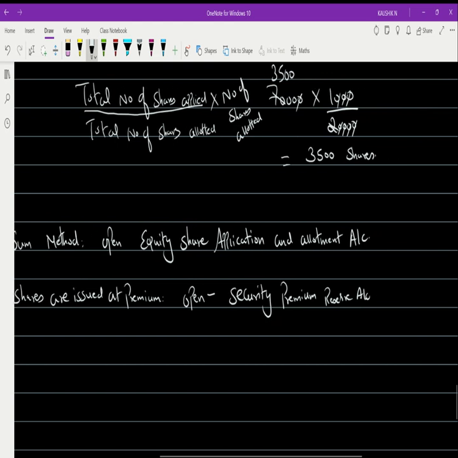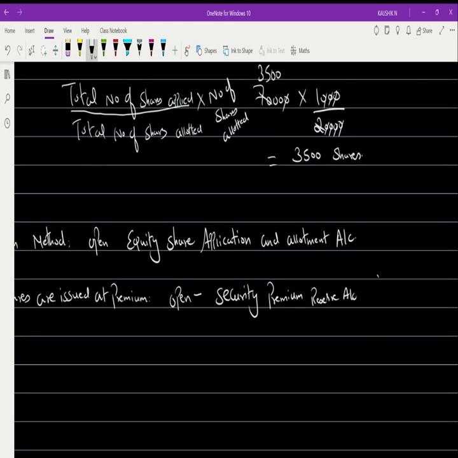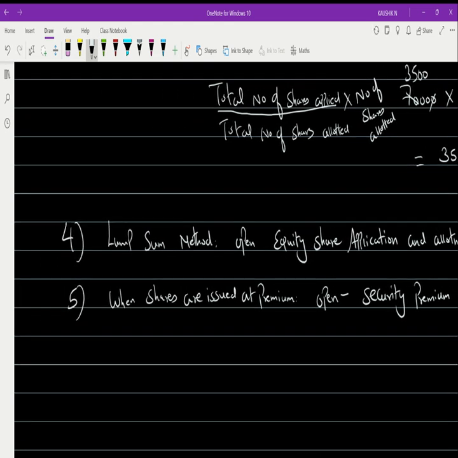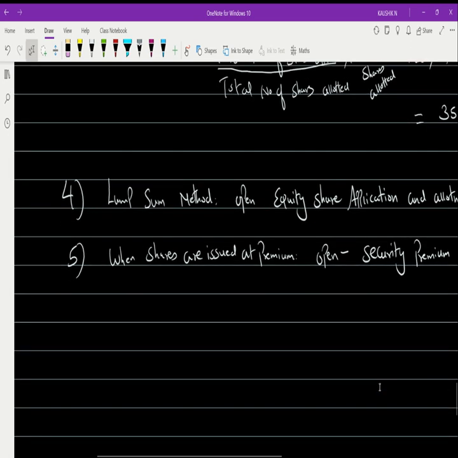Please do not use the shortcut. Do not write it as SPR account. If you write like this, marks will not be allotted. You are not supposed to use shortcuts. You have to write only in the full form. Not only for SPR, whatever it is, even if it is an investment fluctuation fund or investment fluctuation reserve, IFR, or investment fluctuation fund is also one and the same. They are not different. So when the shares are being issued at premium, you have to open securities premium reserve account.